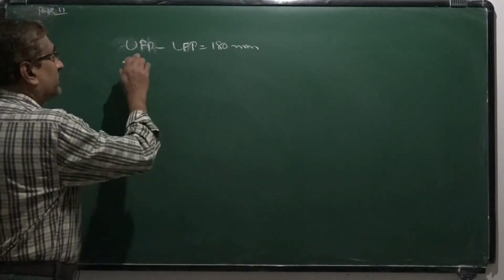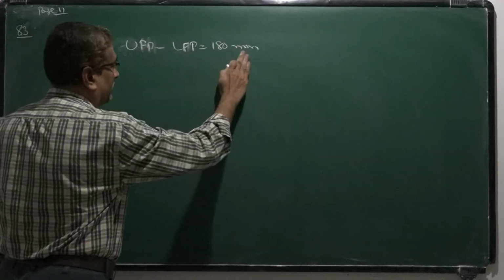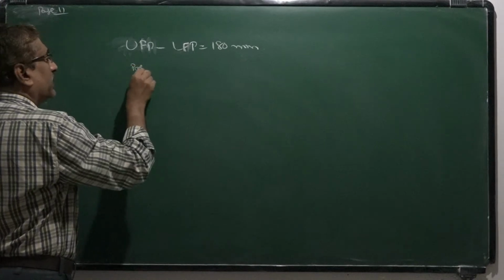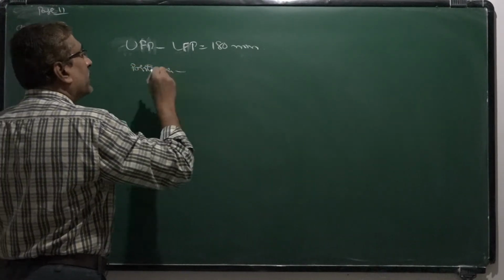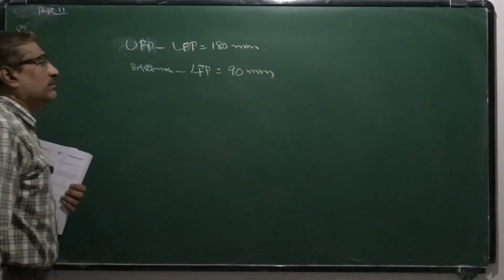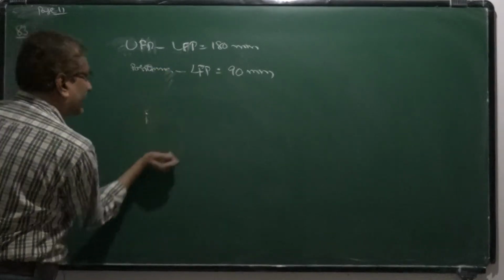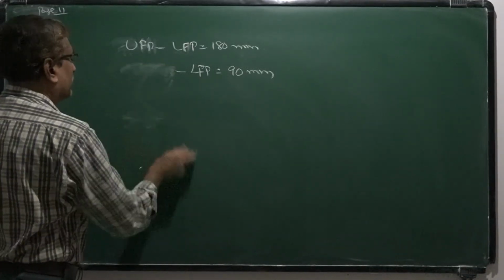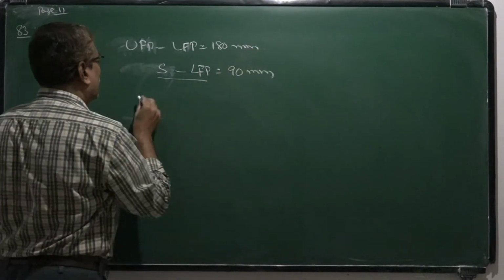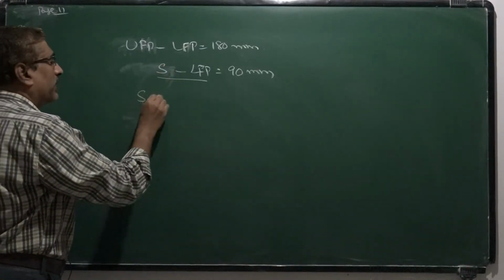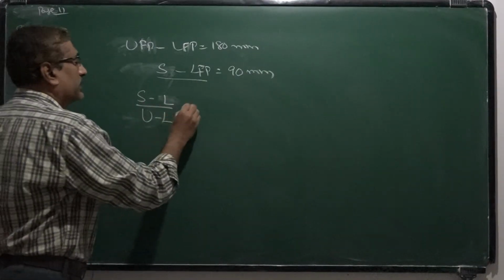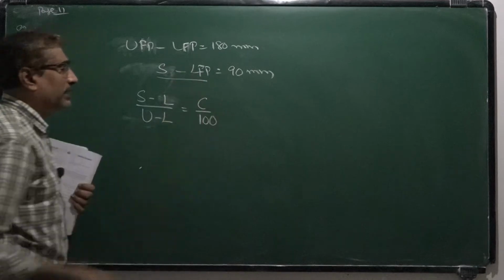That means this is the difference between lower fixed point and upper fixed point, but the present position of the mercury thread minus the lower fixed point is 90 millimeter. So we take the reading on the thermometer as S, given as 90 millimeter. In any scale, the conversion is (S minus lower fixed point) by (upper fixed point minus lower fixed point), which for centigrade is C by 100.